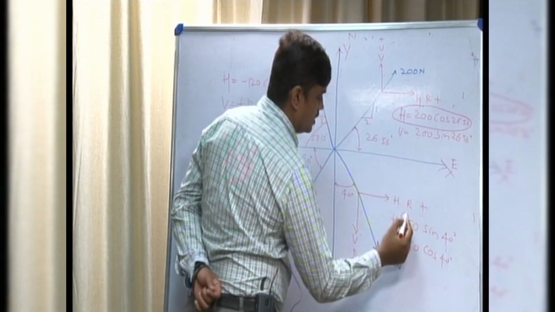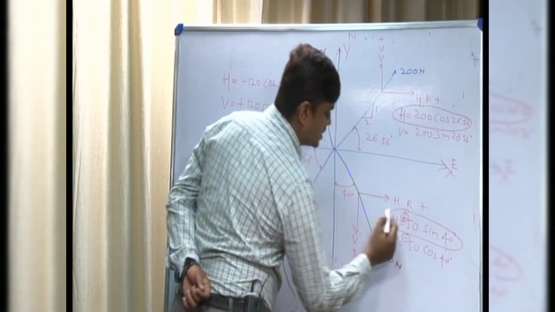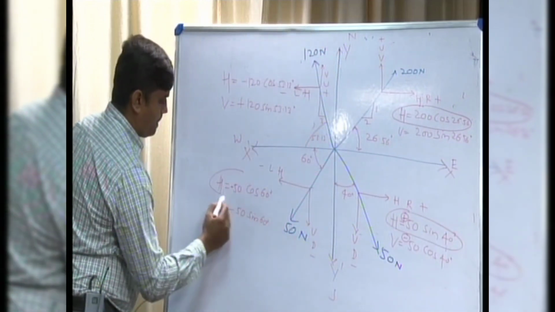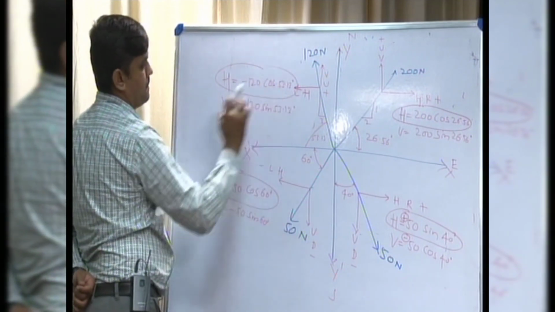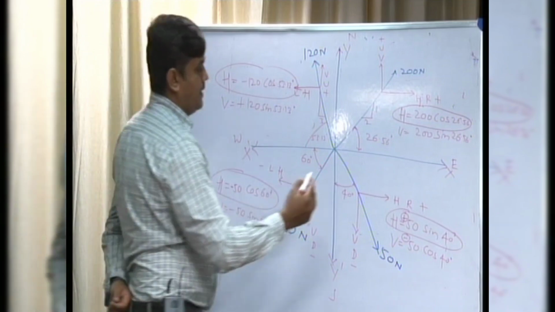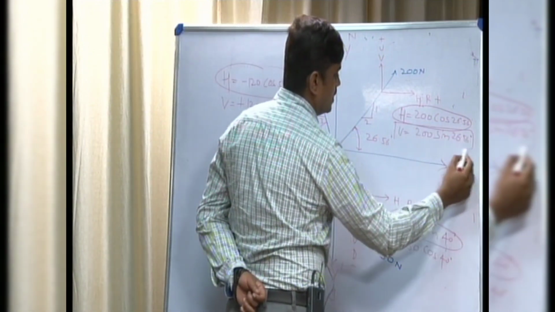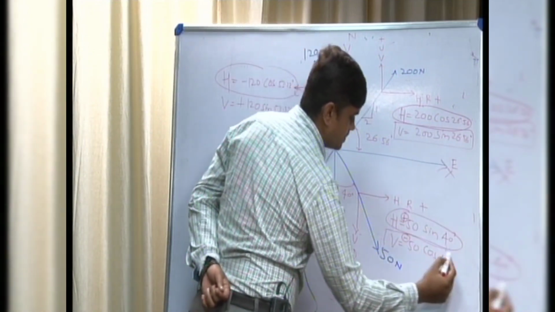Let us mark the horizontal components in oval shape and vertical components in rectangular box.